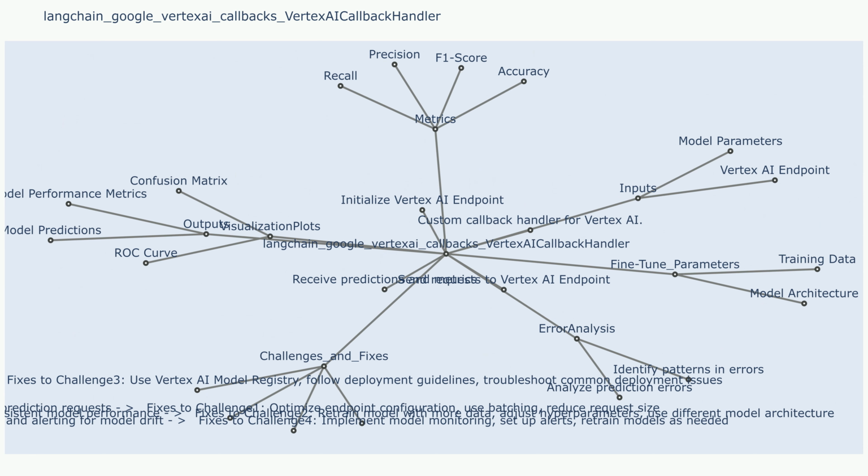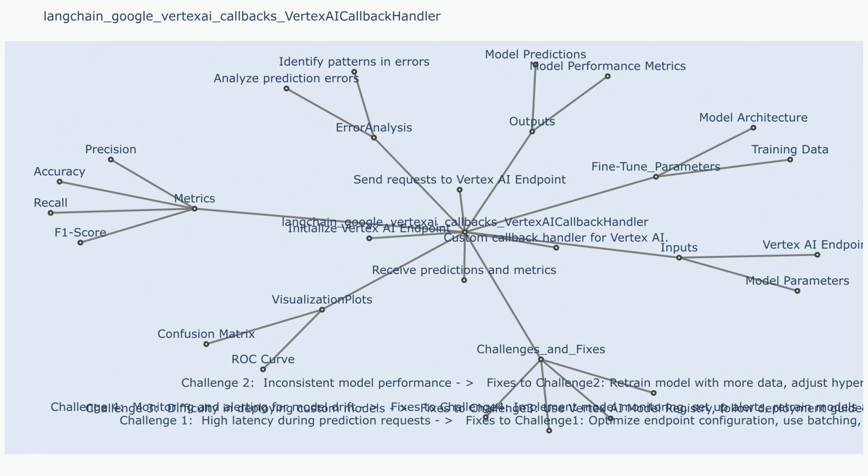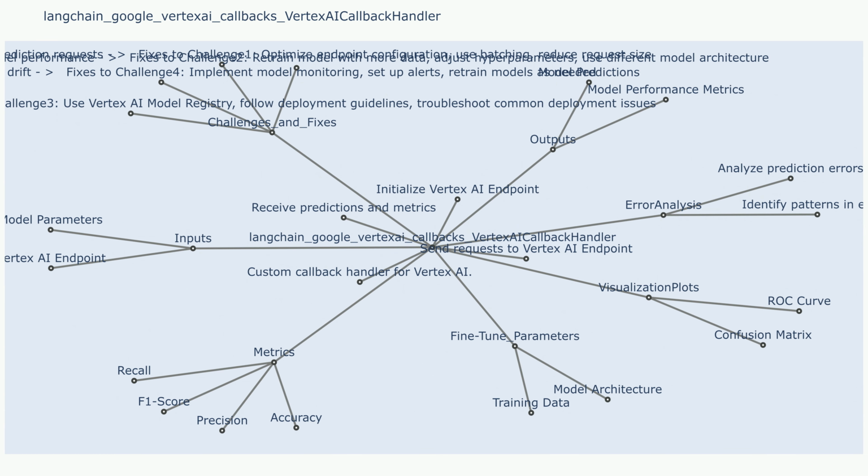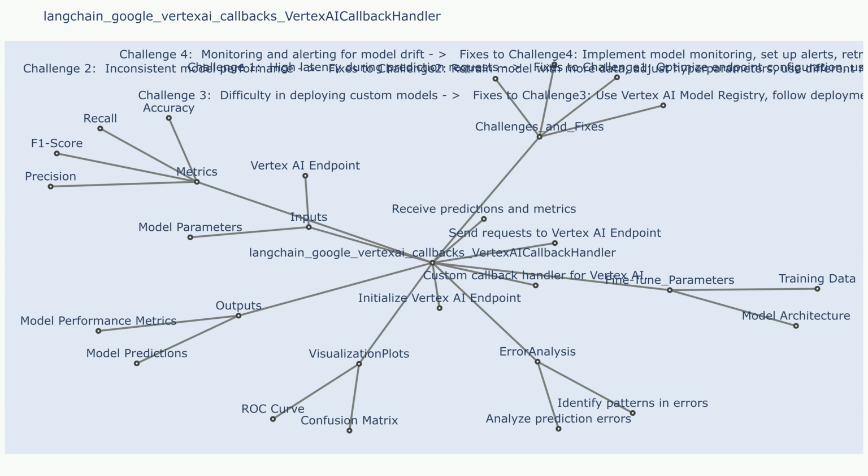Inputs: chain, an instance of a LangChain chain that you want to track and manage. Project ID, optional: the Google Cloud Project ID where your Vertex AI resources are located. Region, optional: the Vertex AI region where your resources reside. Experiment name, optional: a unique name for your Vertex AI experiment.